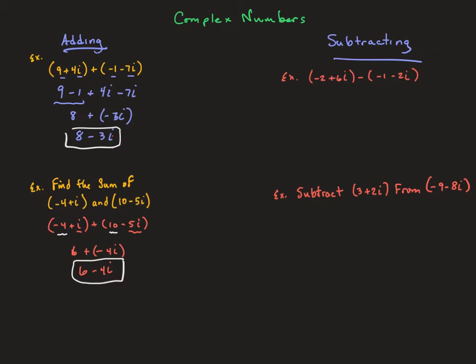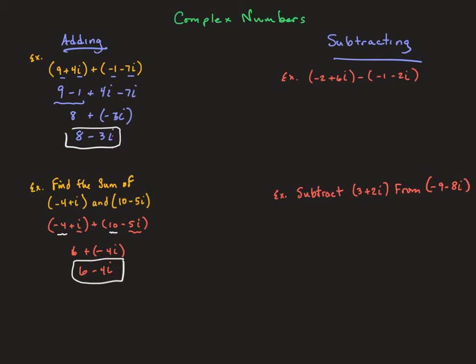Now when we go to subtraction, we are going to subtract much like we do any other polynomial. We are going to distribute the negative 1 so that we are always adding. Looking at this example, I have negative 2 plus 6i minus the parentheses of negative 1 minus 2i.